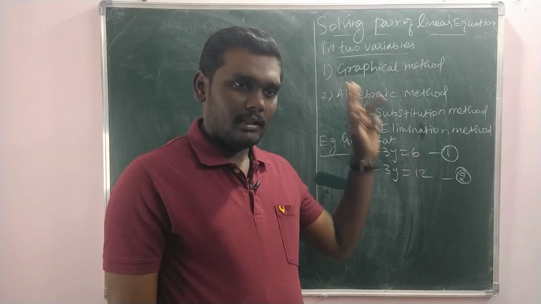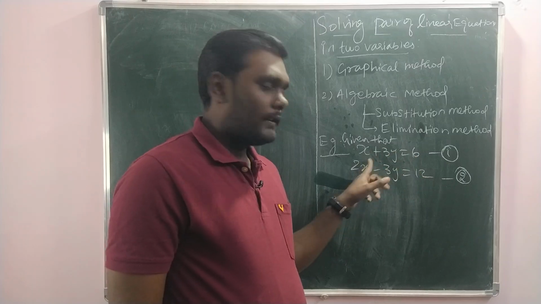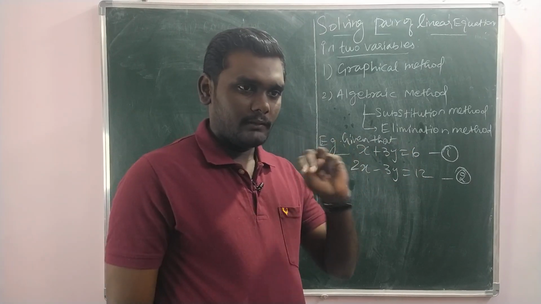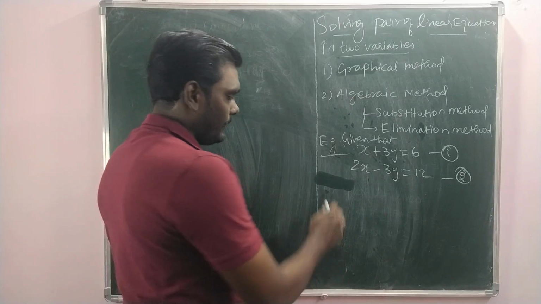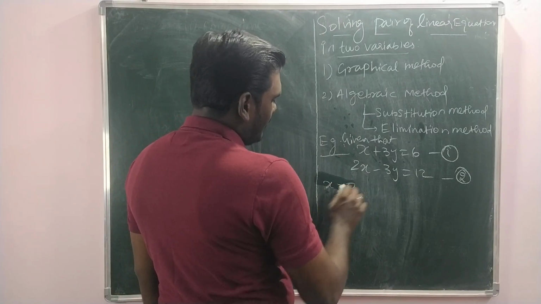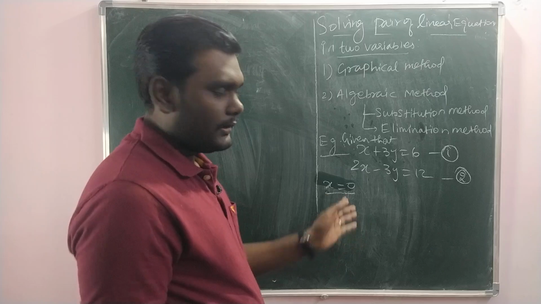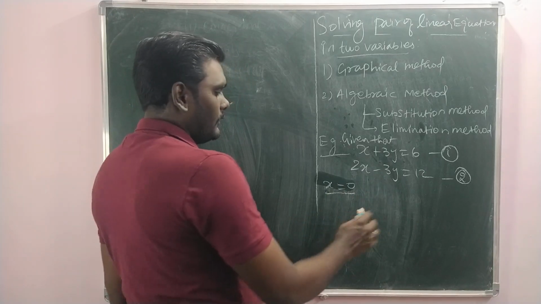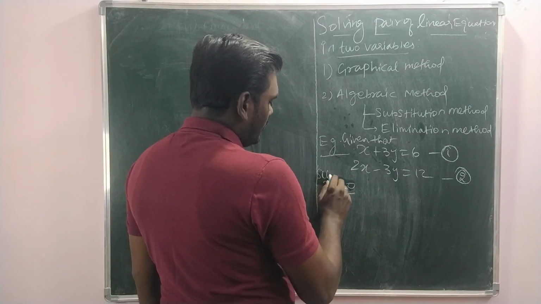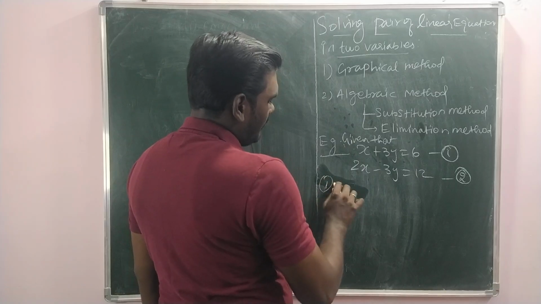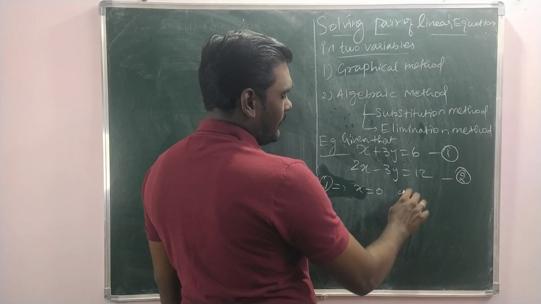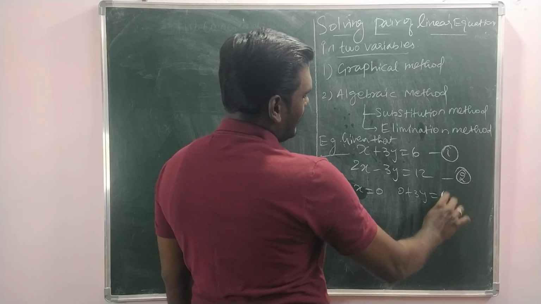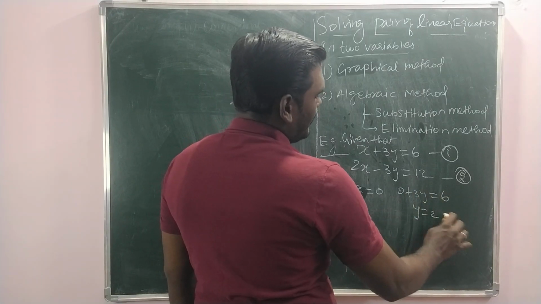Now in 9th class we studied this, right? For this equation we can find two points, namely two solutions of this equation. The easy way is to put x equals 0 and substitute to find the corresponding y value. In the first equation I substitute x equals 0. Then 0 plus 3y equals 6, so y equals 2.